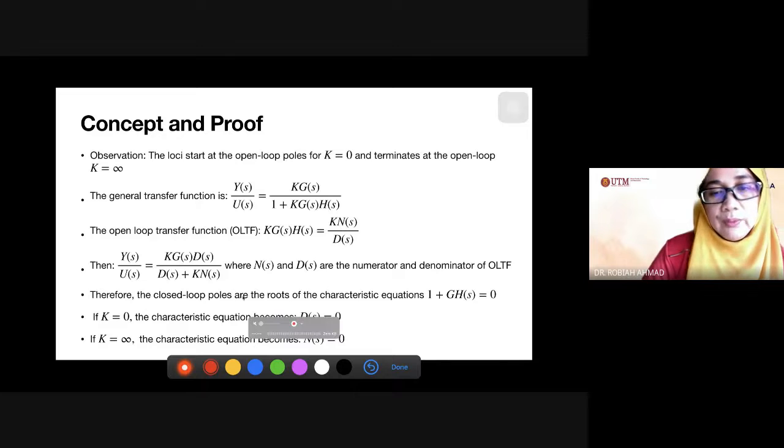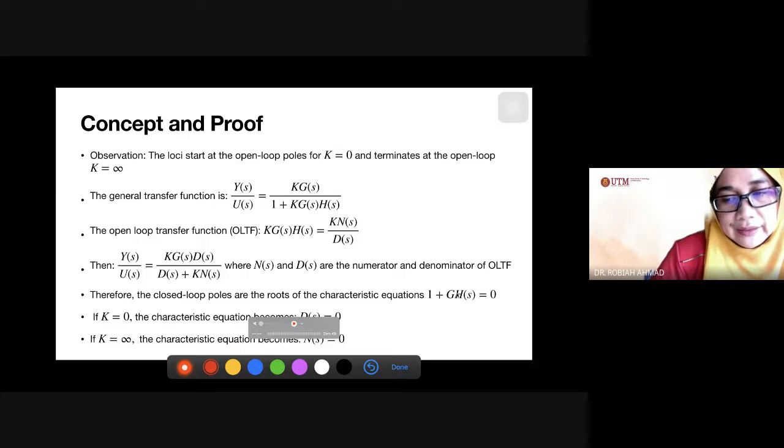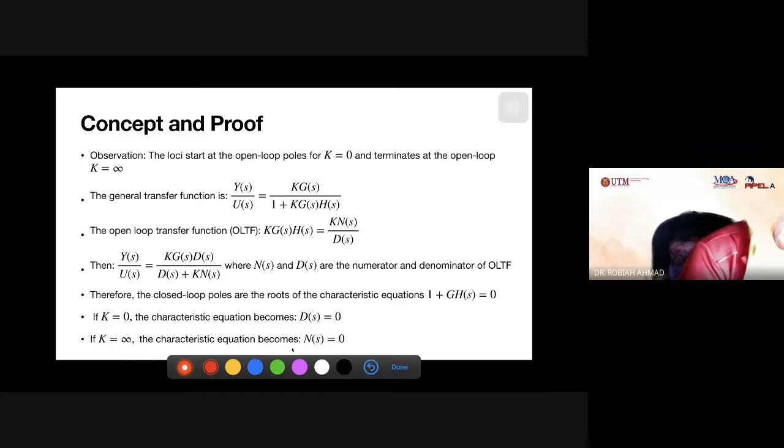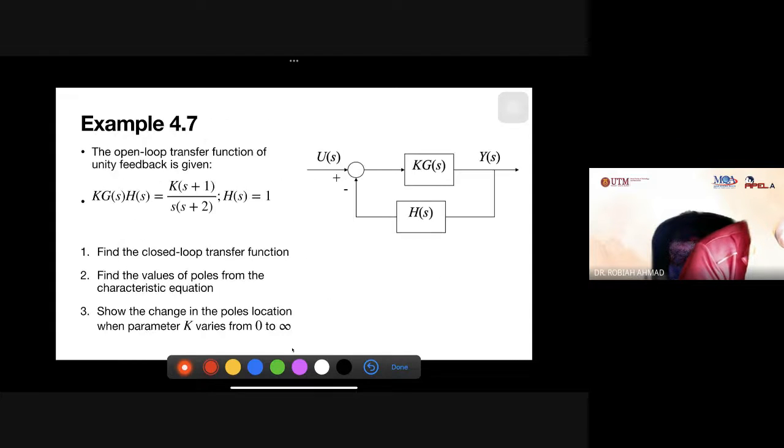Therefore the closed loop poles are the roots of the characteristic equation 1 plus GHS. So when K equal to 0, the characteristic equation becomes the denominator equal to 0. When K equal to infinity, the characteristic equation becomes the numerator equal to 0.